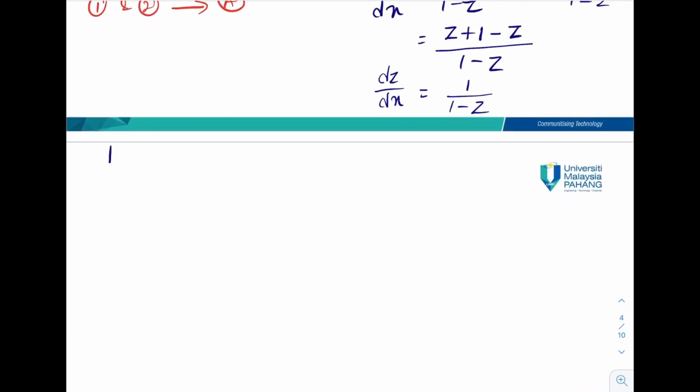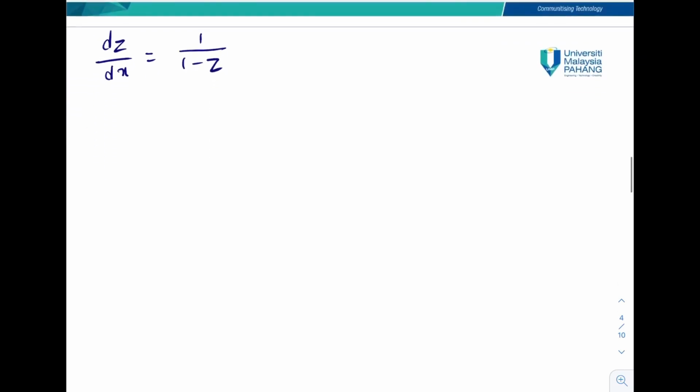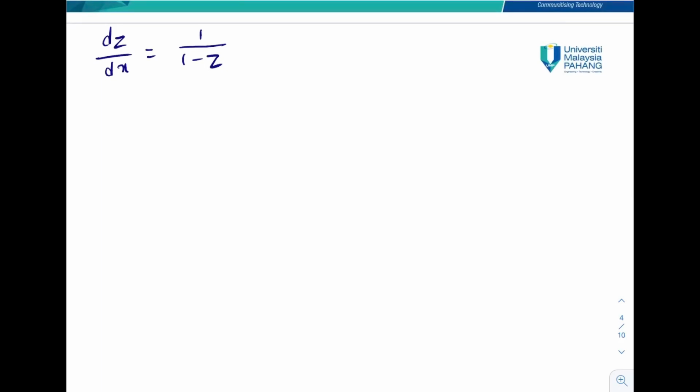So now we continue the process. This will become dz dx equals to 1 over 1 minus z. Then 1 minus z dz equals 1 dx.